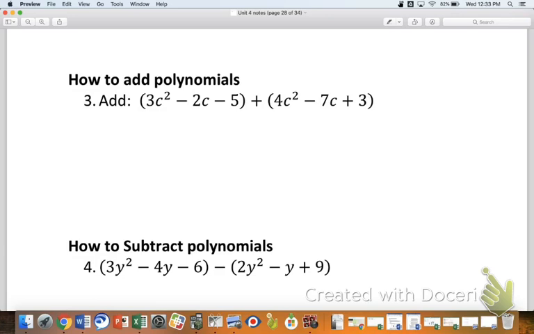Okay, so listen. This symbol here in the middle is a plus sign. That tells us we are doing something very specific, and I want to help you start off with this, and I'll let you finish. If you are adding polynomials, not multiplying, not subtracting, here's what you do.